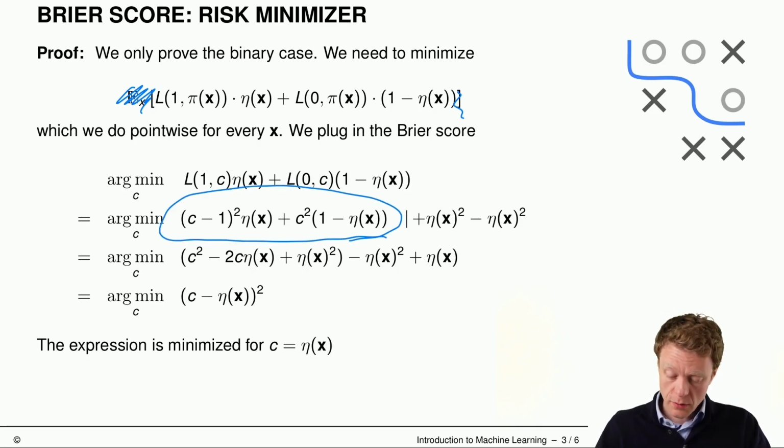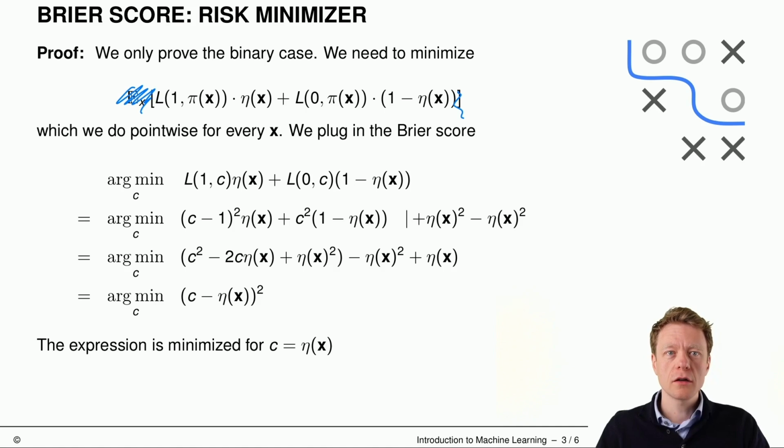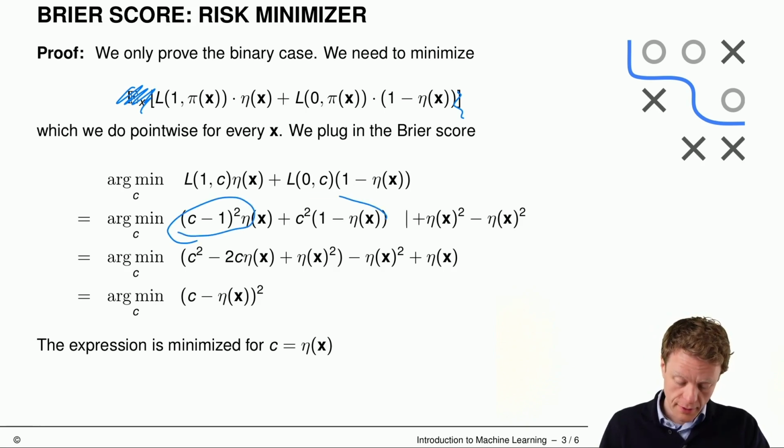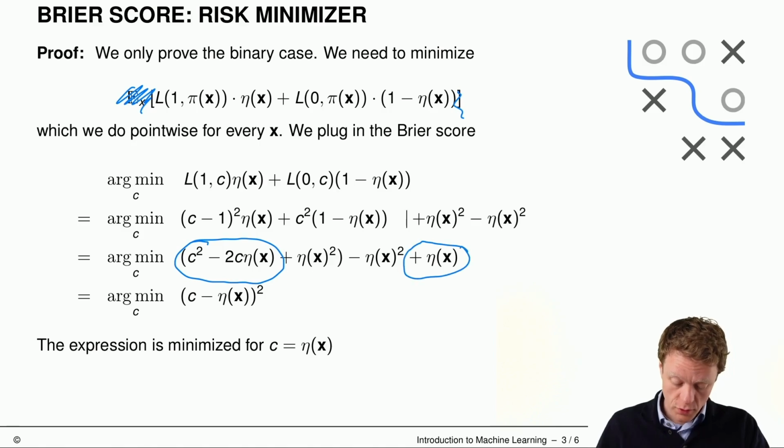What we do now is that we can multiply out these terms, so this binomial formula and this part here, and we get this term, the second term, and that one here. You can check this with pen and paper. It should be really straightforward.